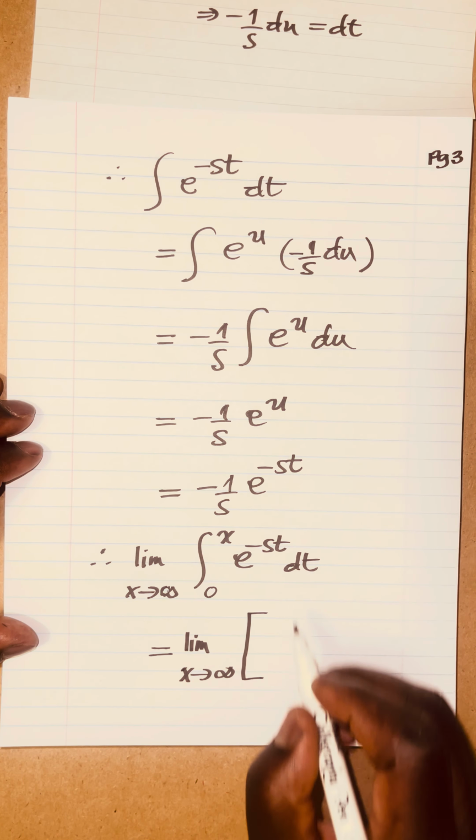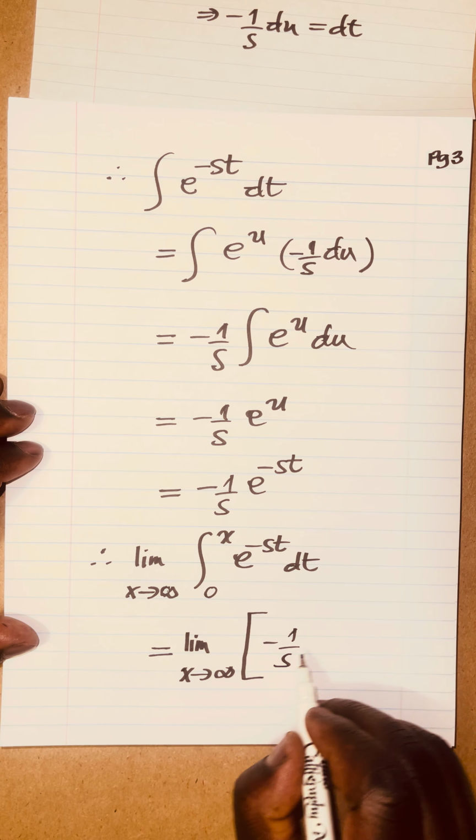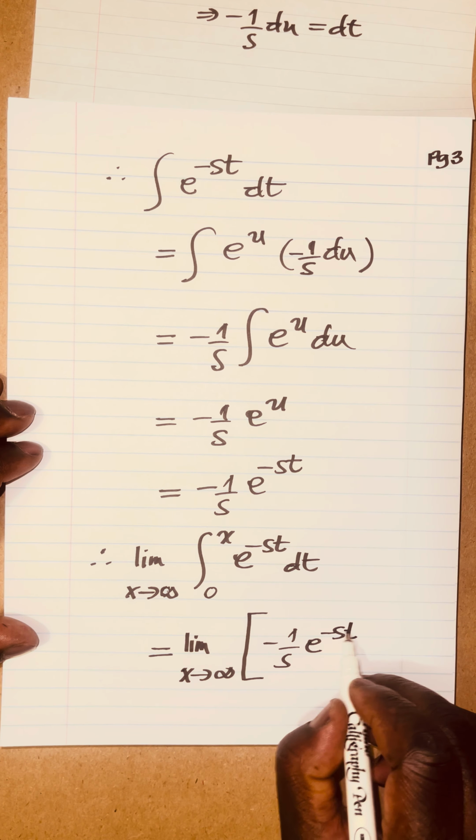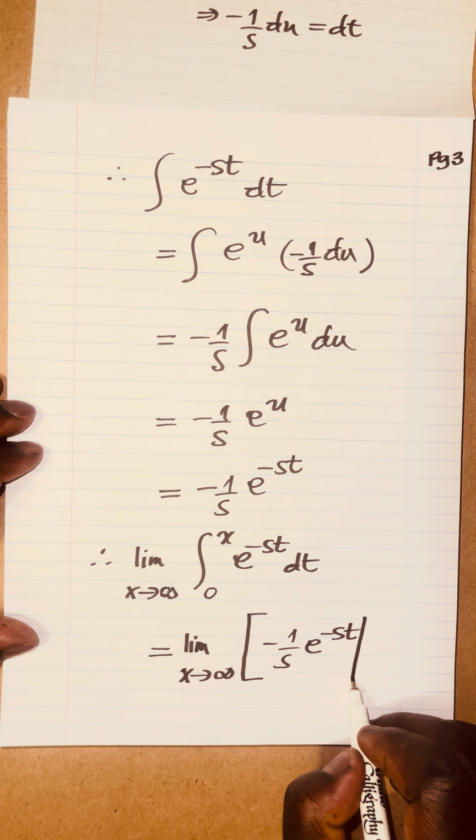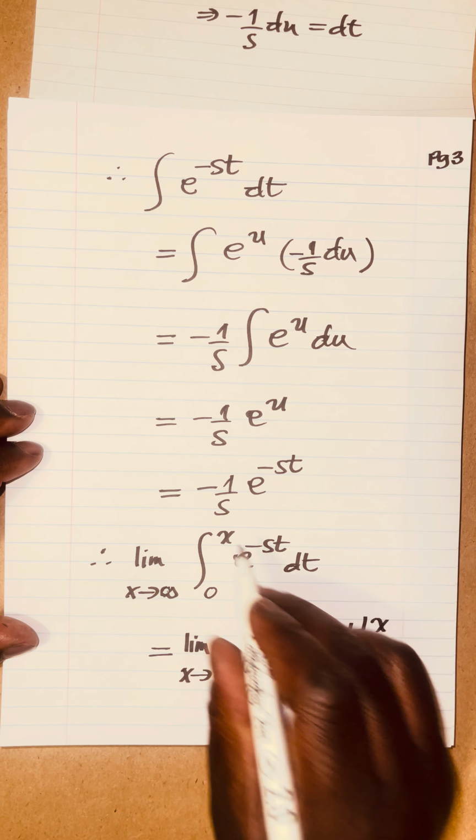Of this expression, minus 1 over s e to the power minus st. And remember, we're evaluating from 0 up to x.